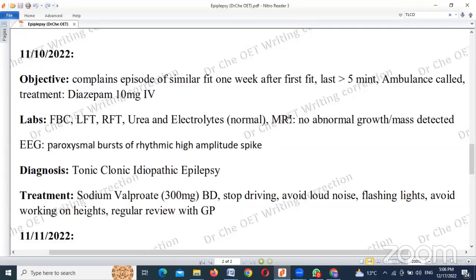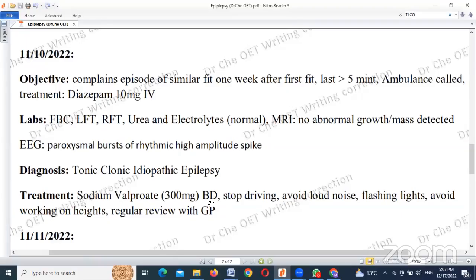So here you don't need to mention what we have. Just MRI is normal, enough. And here: stop driving, avoid loud noise, avoid flashing lights, avoid working on heights, regular review with GP. So avoid this, avoid this, avoid this. What can you write concisely instead of saying don't drive, avoid noise, avoid flashing lights, avoid working on heights, have regular reviews with GP?